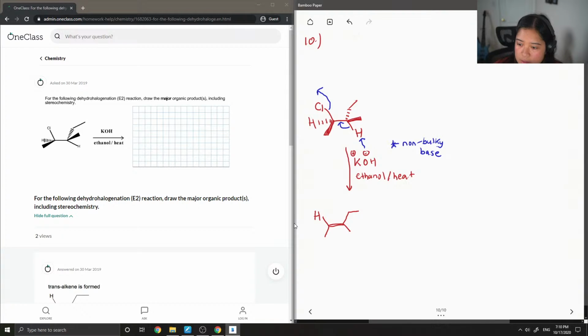You just make this double bond more noticeable. And then it looks like that. And if we were to name it, it would be E-3-methylpent-2-ene.